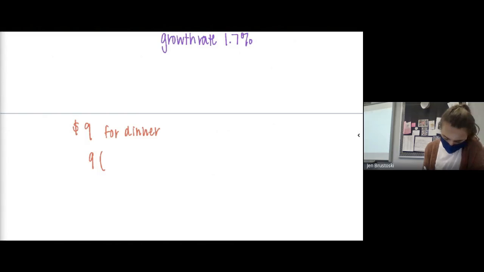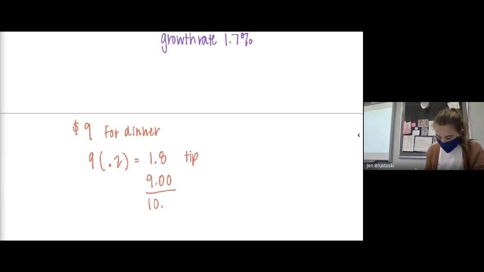We multiply 9 by 0.2 and get 1.8. Then I add that 1.8 tip to my $9 and get 10.80 as my total.